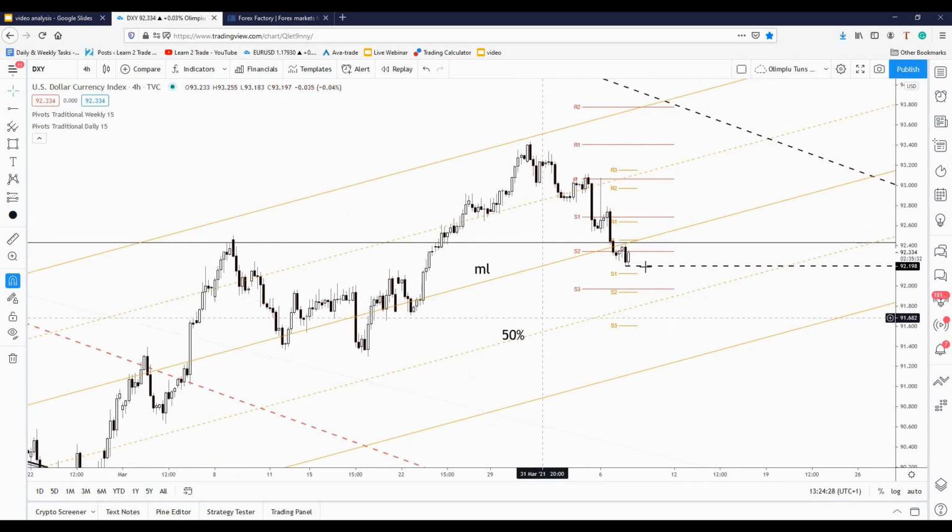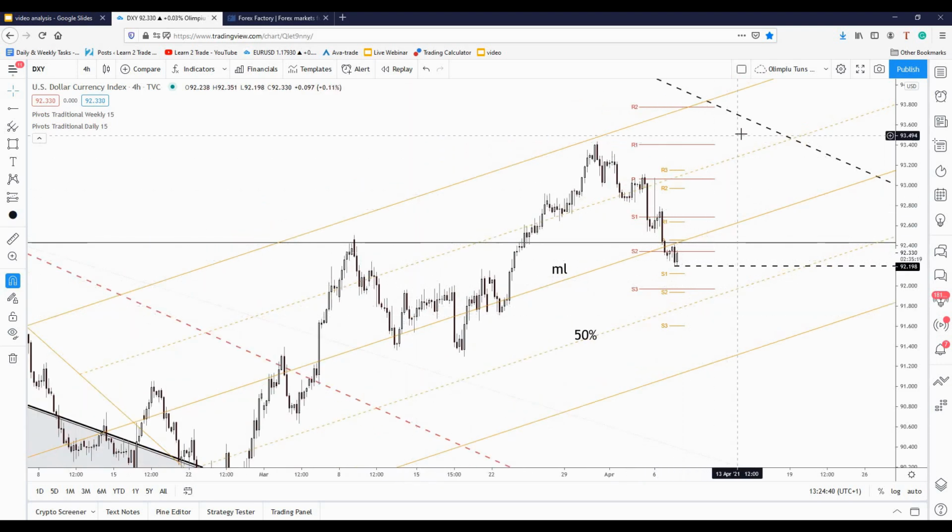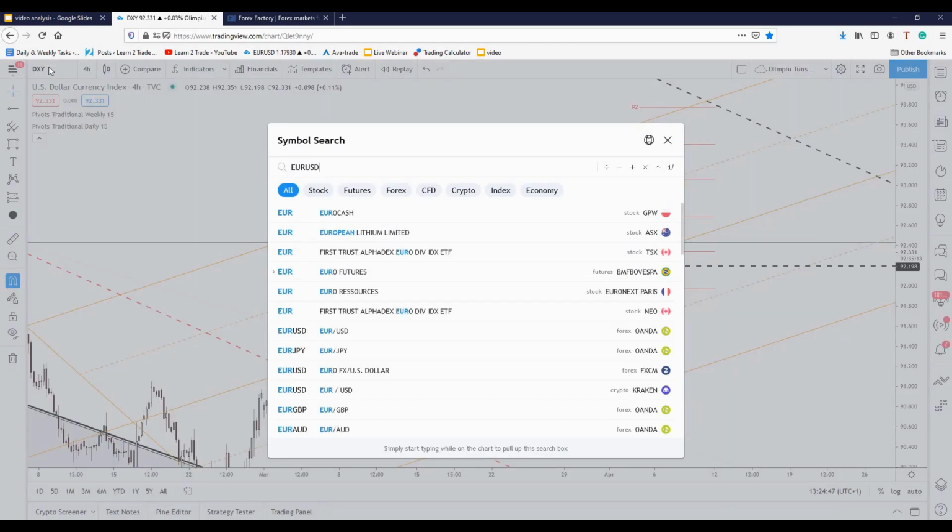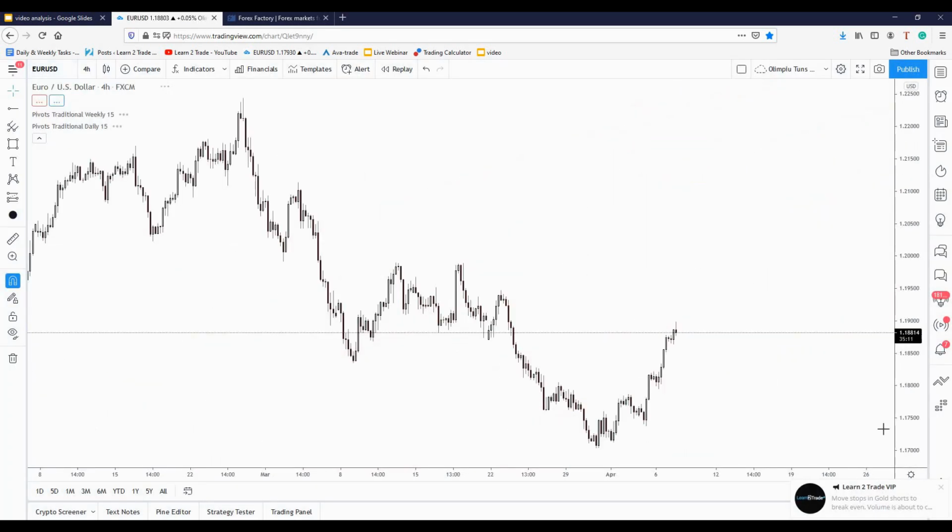So if the index will invalidate this breakdown with a bullish engulfing, then you could think that the index could resume its upside movement, and that euro versus the US dollar could decline again.